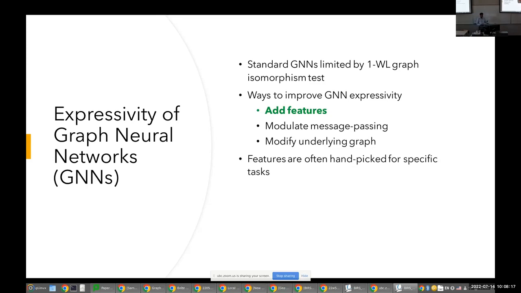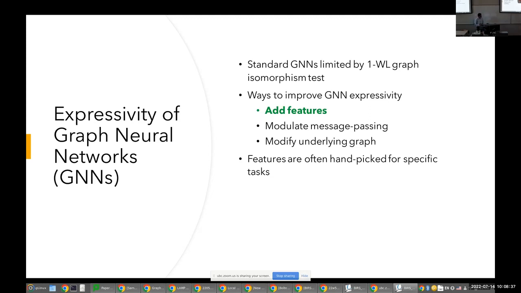Again, I mentioned that we're going to take the first approach. But I should note that a lot of the existing approaches involve handcrafting features. I mentioned the work on counting substructures, where you count, say, 3-cycles or 4-cycles, and you can use these as features.